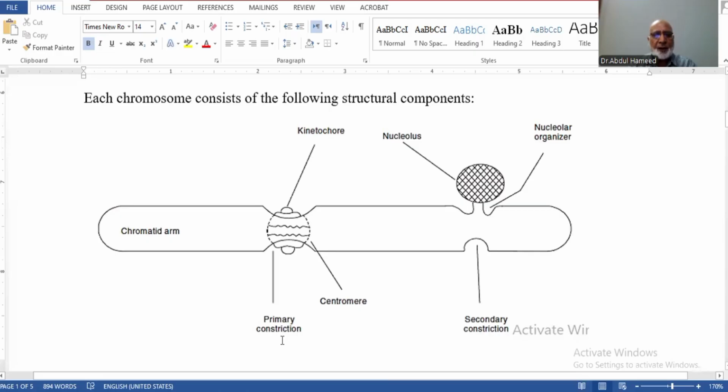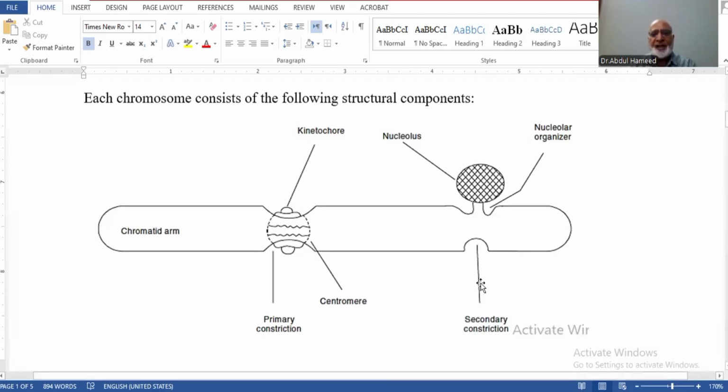The centromere is also named the primary constriction because at this level the chromosome has a pinched-off appearance. This structure has the kinetochore, a complex of proteins responsible for the attachment of spindle fibers. So the centromere is the region, and primary constriction is its name due to the pinched appearance.